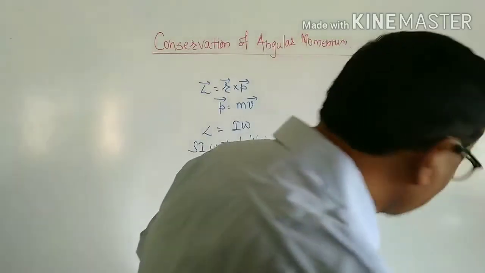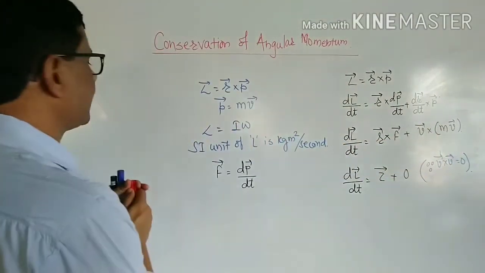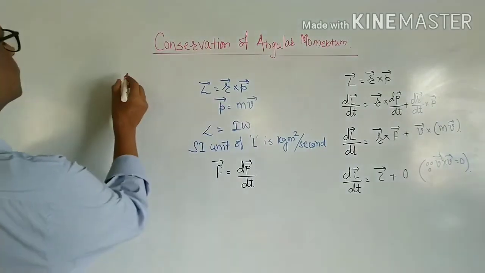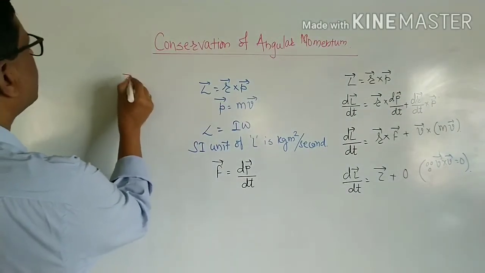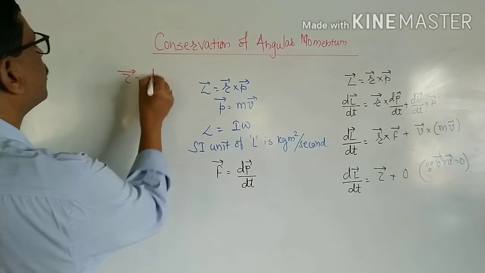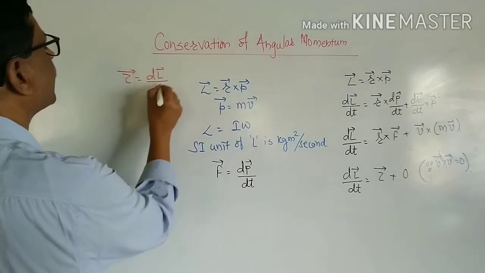With this we get a very important relation that vector torque is equal to the rate of change of angular momentum.